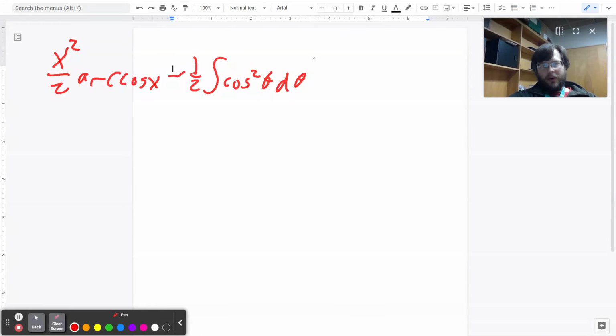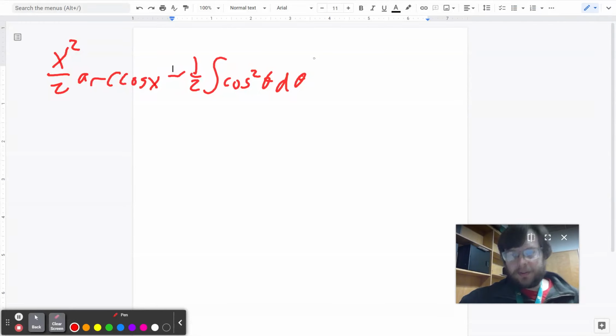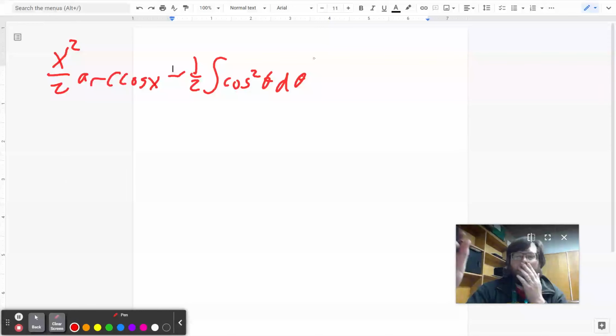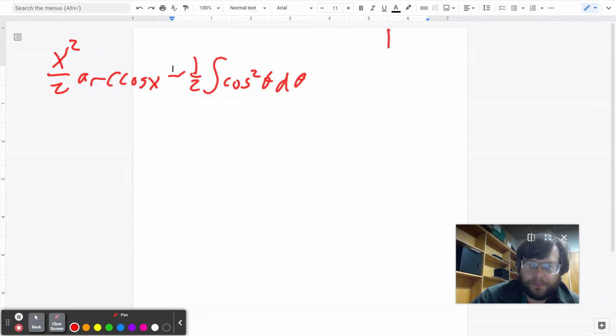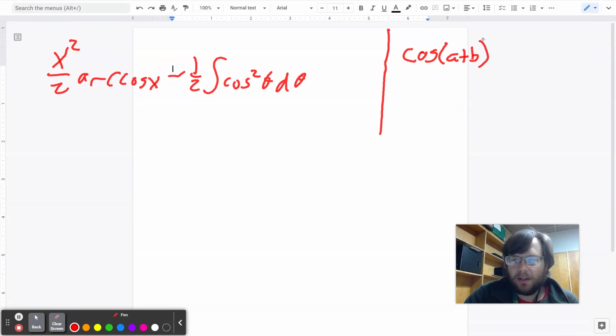So I remember that we worked on how if you have cosine of a plus b, you can end up with a double angle, with an angle addition formula for what that is. So we proved this by drawing out our picture.